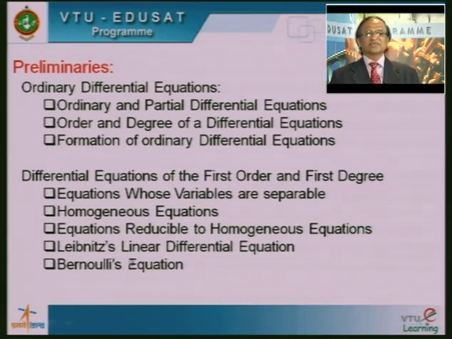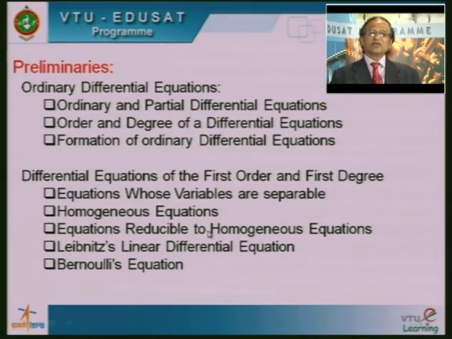Or the given equation is a linear differential equation. You are already familiar with the first order linear differential equation. The general form of the first order linear differential equation is what? I hope you will remember, the first order linear differential equation can be written in the form dy by dx plus py is equal to q, right.